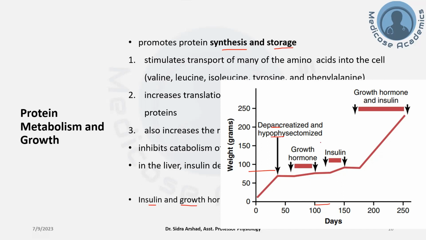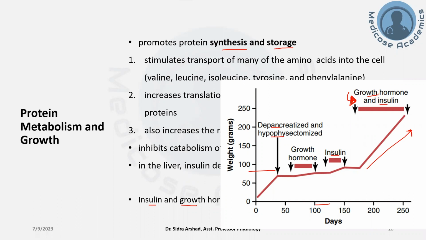Similarly, when insulin was injected alone, it did not bring about an increase in weight. However, when growth hormone and insulin were given simultaneously, there was a marked increase in the weight of that rat. So growth hormone and insulin show synergism when it comes to the growth of an organism.